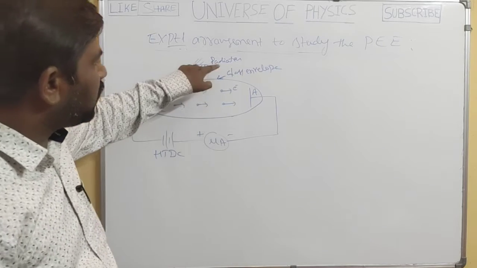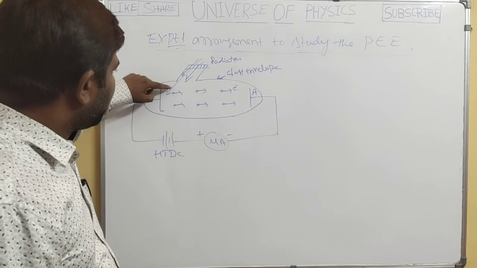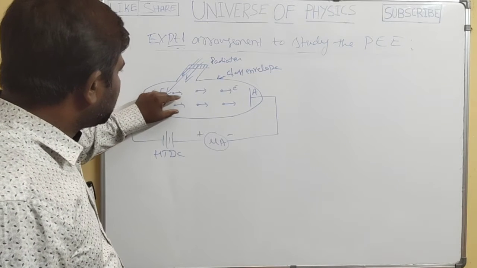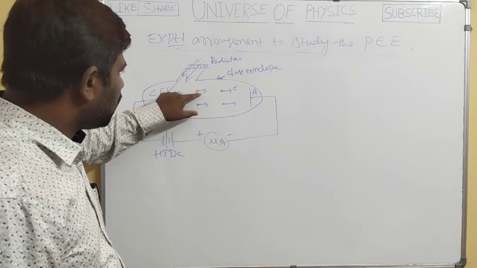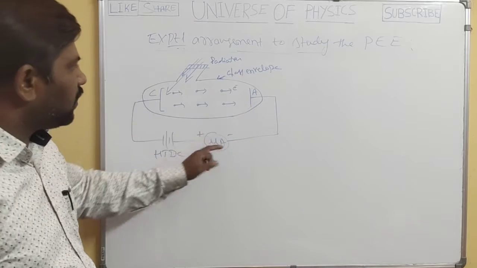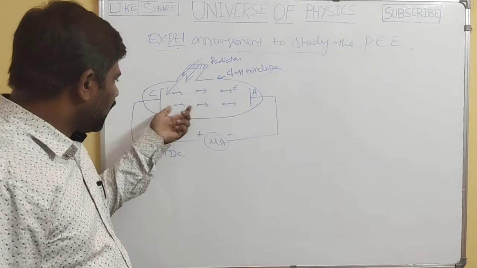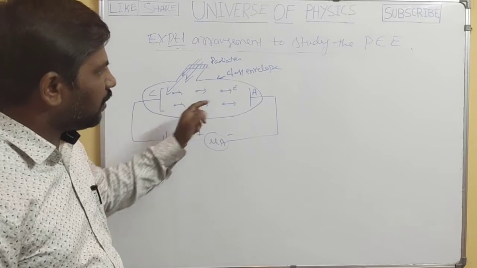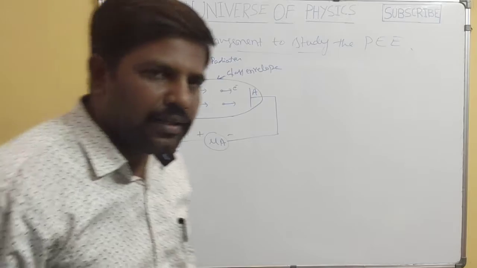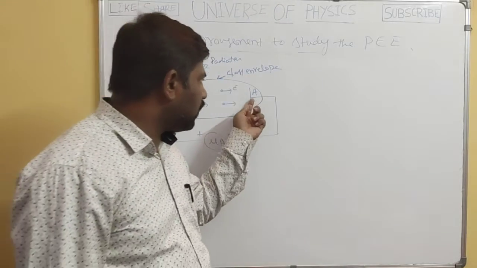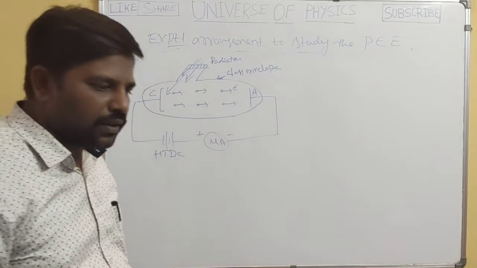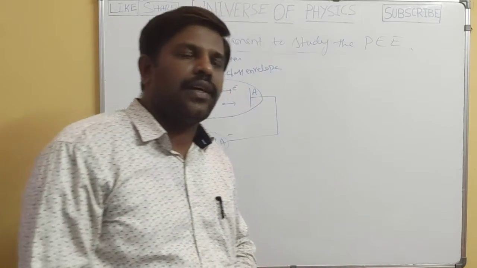When radiation of suitable frequency falls on this photocathode, it emits photoelectrons. These are all the photoelectrons, and this anode collects them. Whatever photoelectrons are emitted by the cathode are collected by this anode, and they return to the cathode through the external circuit, which constitutes the photoelectric current.